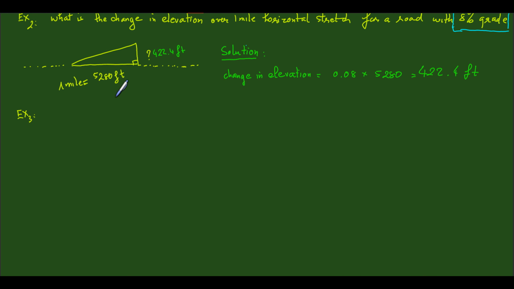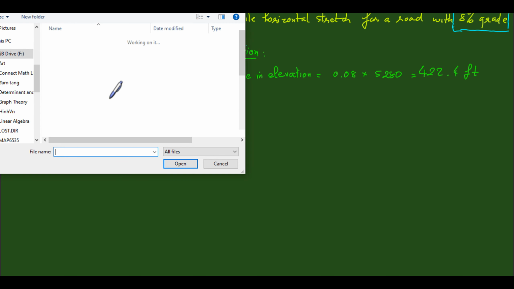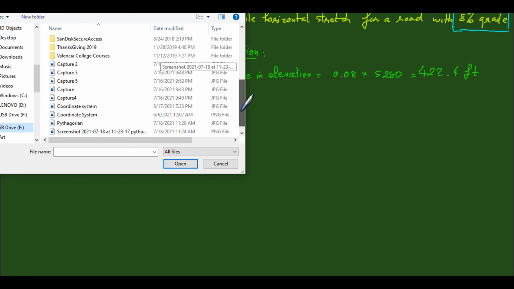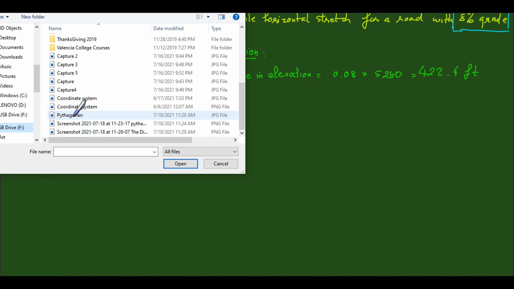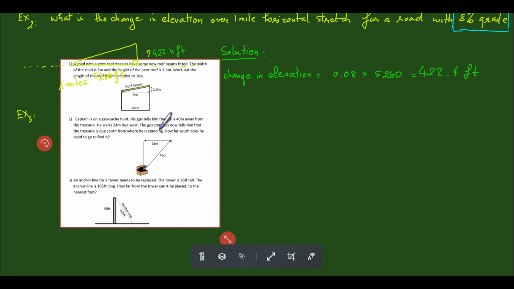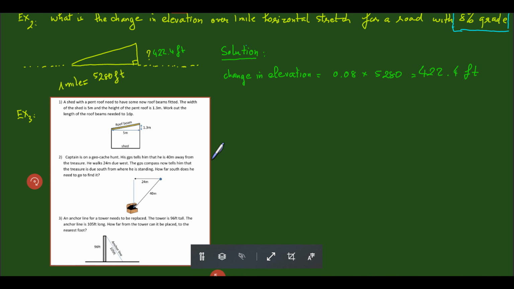Okay, let's see. Alright, USB drive. Okay, so I have it right over here. There you go. So I have 3 problems.